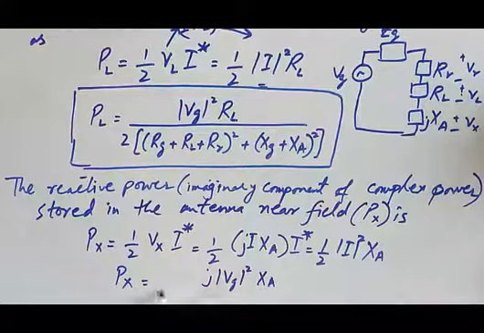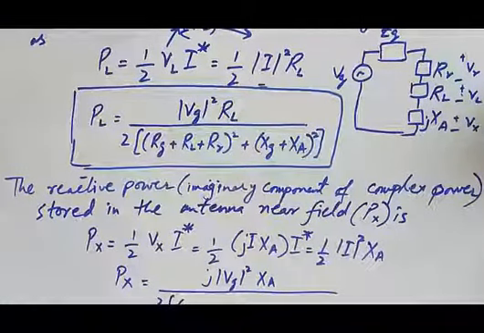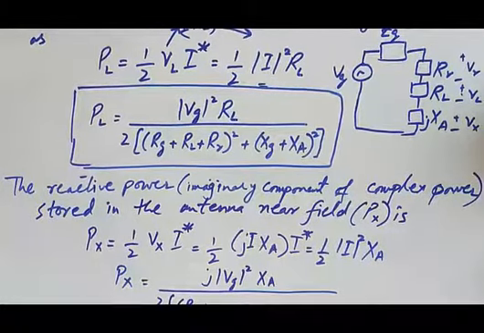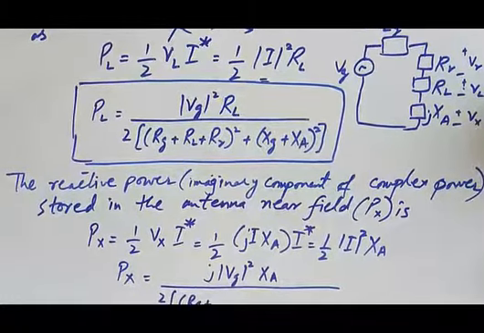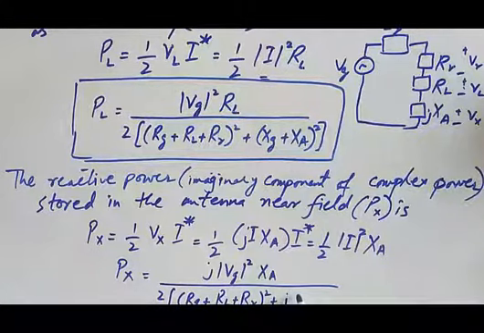So it is XA divided by 2, and the same thing, Rg plus RL plus RR square plus j, and then it is Xg plus XA square.